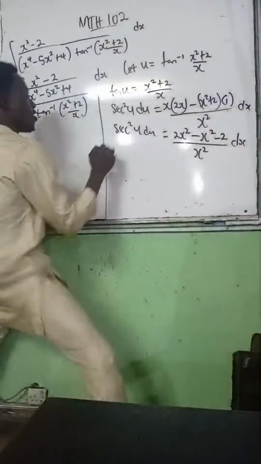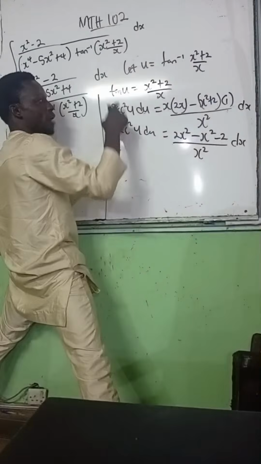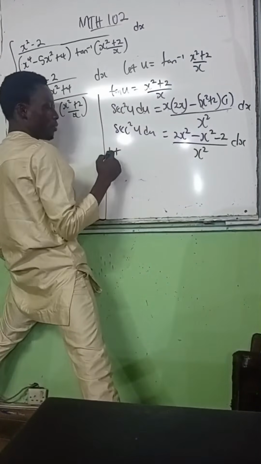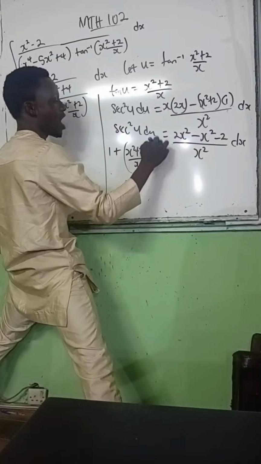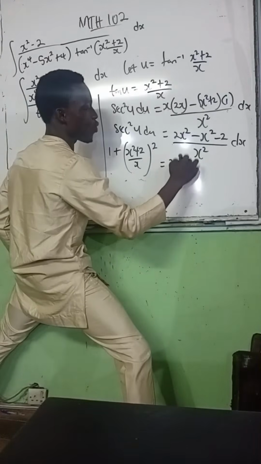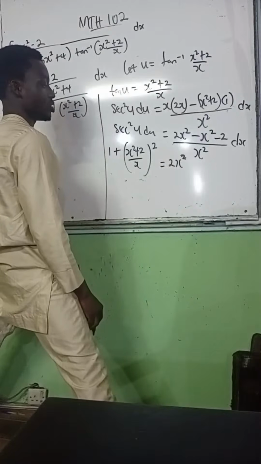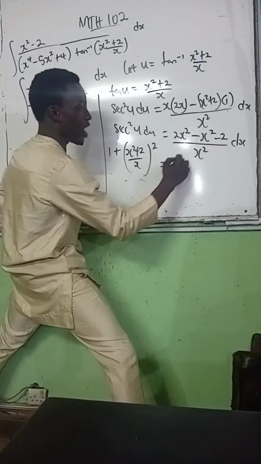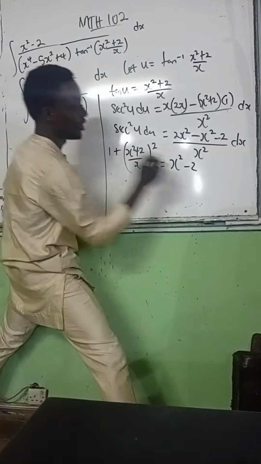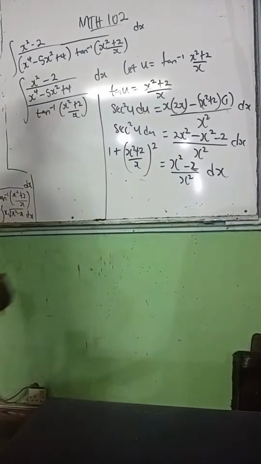So here we have 1 plus tan squared u, and tan u is (x squared plus 2) over x, so tan squared u is the square of this. That equals 2x squared minus x squared, that's x squared minus 2 over x squared, dx. Don't forget there is a du here.